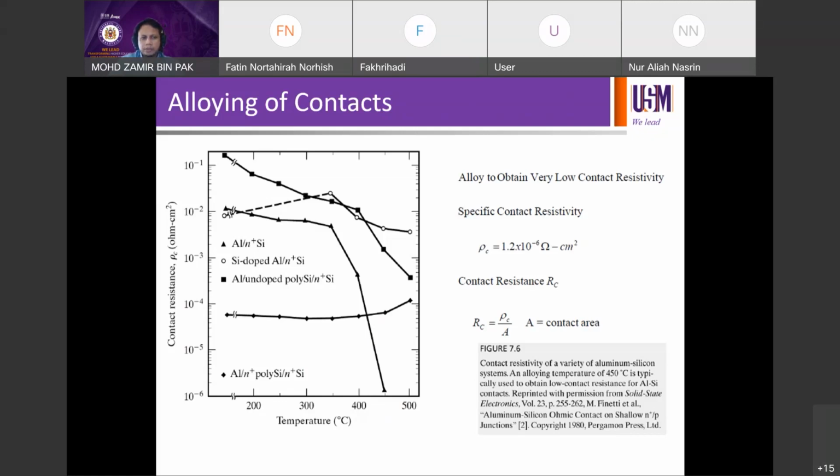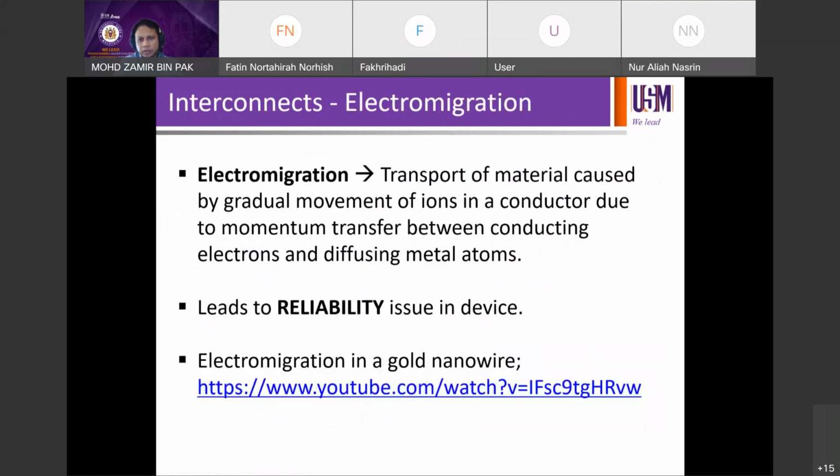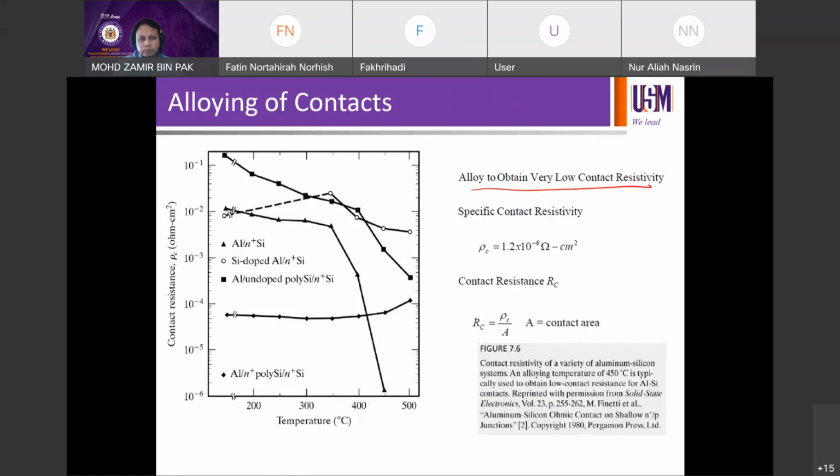So the purpose of alloy is to obtain very low contact resistivity. Okay, low contact resistivity. That means if you have your silicon here, if you have, say, titanium, and then you don't do anything to titanium, you tend to get high contact resistance because it's not annealed, right?